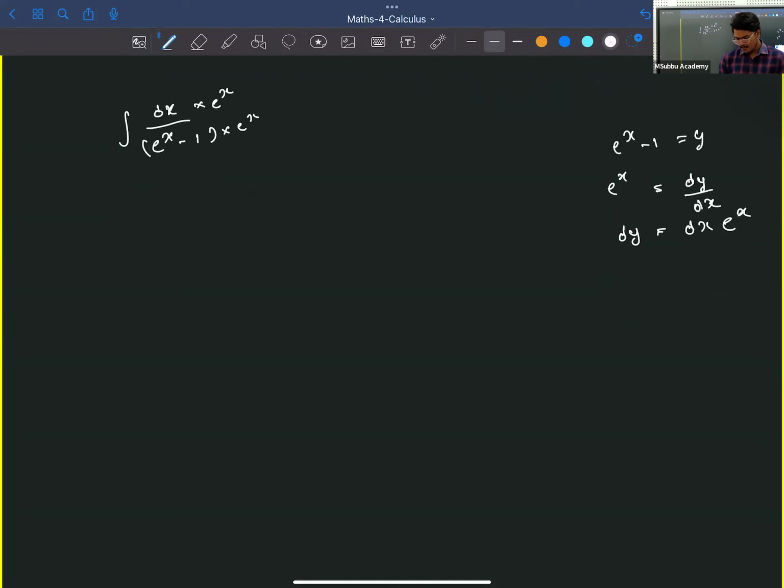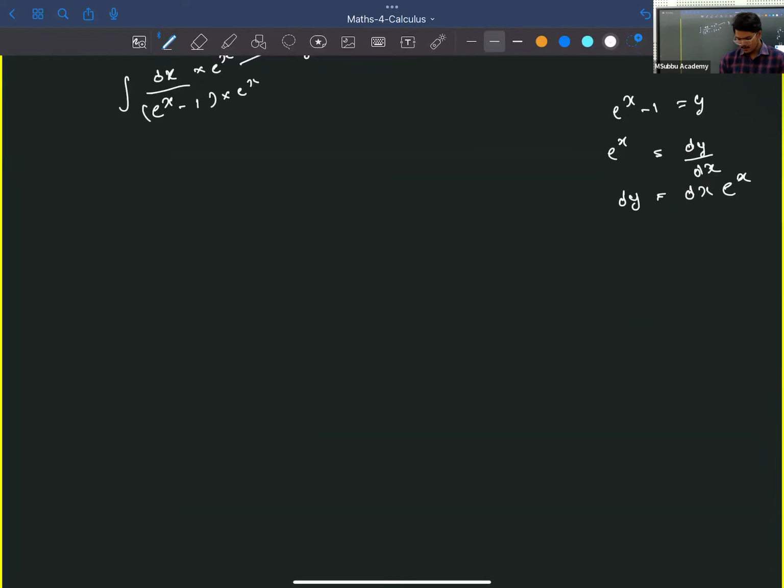So when you multiply, this whole term will become y. So the integral is dy by y into, since y is equal to e power x minus 1, e power x will be equal to 1 plus y. So 1 plus y. So this will be our integration.